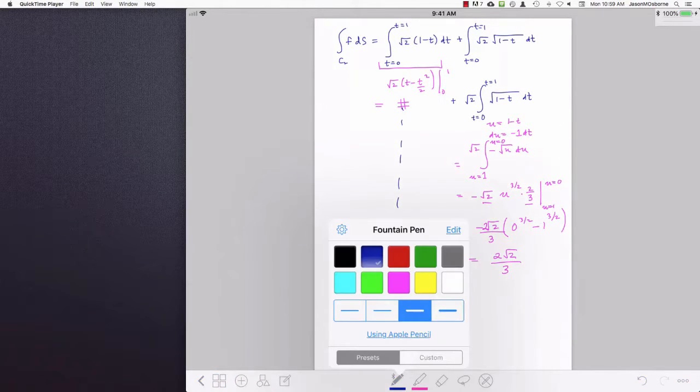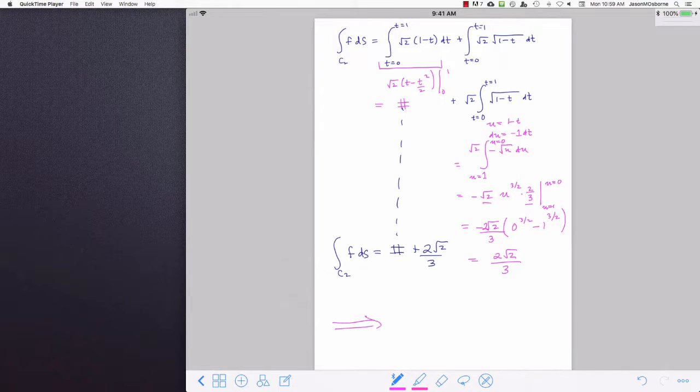And therefore, in conclusion, the integral along the curve of f ds is the number that you got from the first curve plus this number plus 2 square root of 2 over 3 from the second curve.